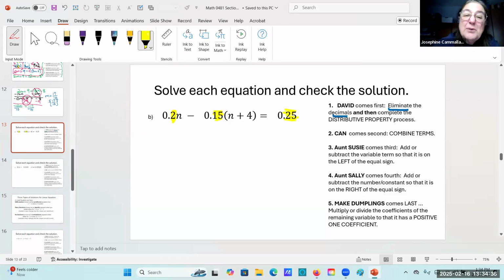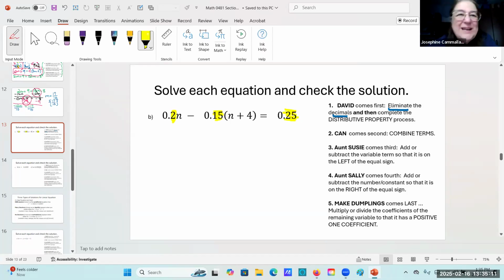This has 2 numbers to the right of the decimal. Now, if you had to make these into fractions, which I don't want to do, I would have 2 over 10, 15 over 100, 25 over 100. Well, the 100 is the key. I would then have an LCD of 100.